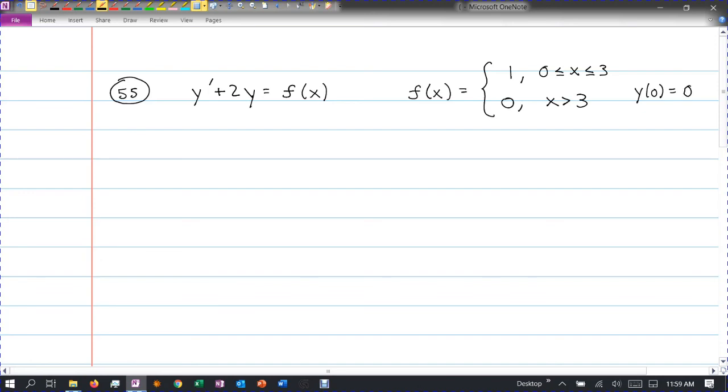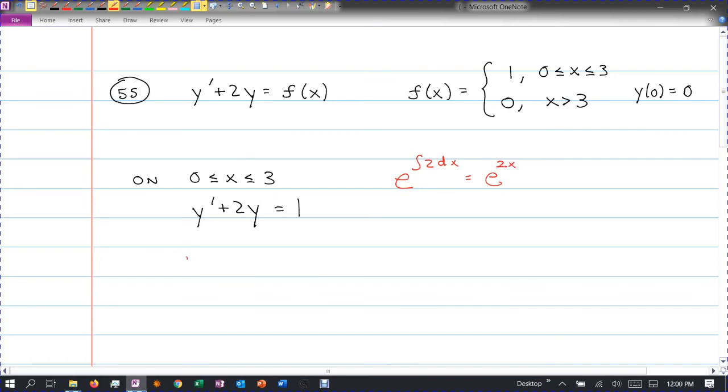Okay, so let's take a look at what's happening on the interval 0 to 3. On that interval, the function f of x is equal to 1, so our differential equation becomes just this. We've done this over and over, so you should be comfortable seeing that e to the 2x is our integrating factor.